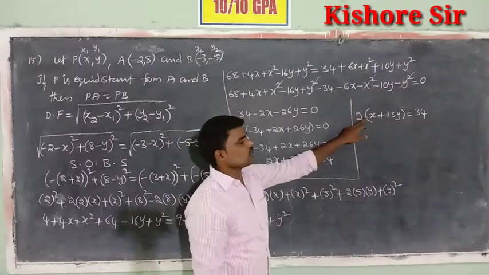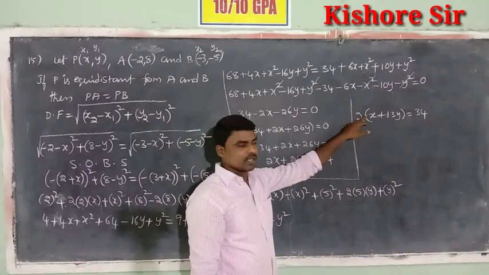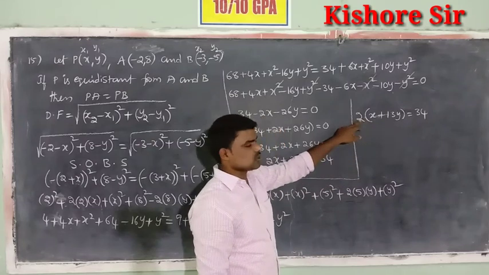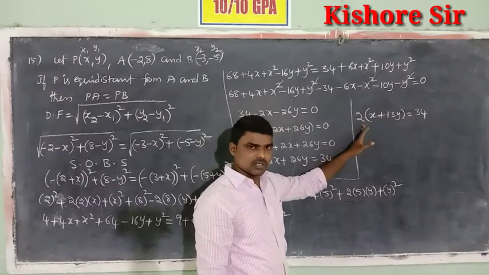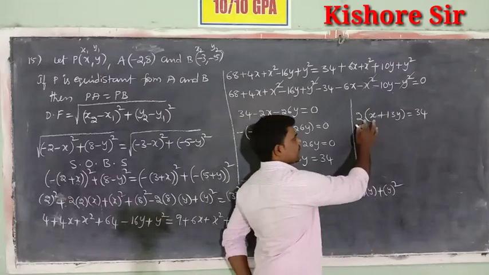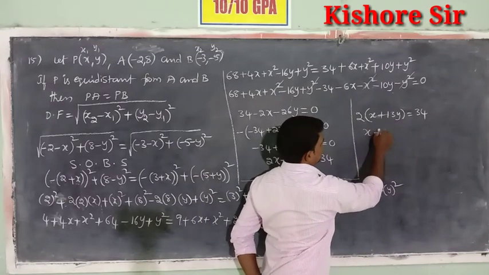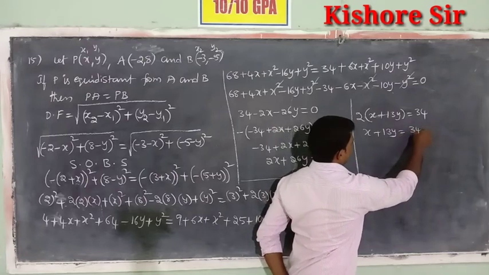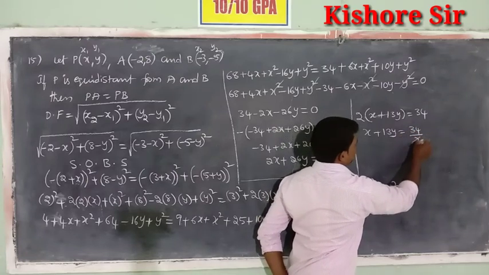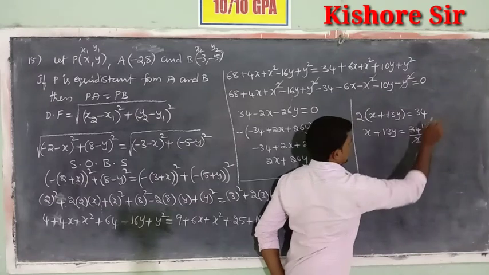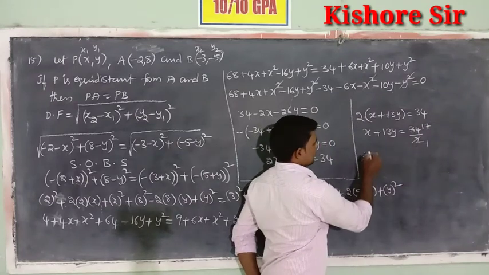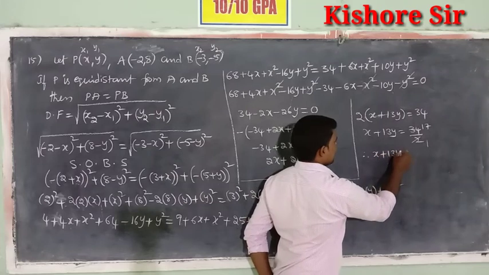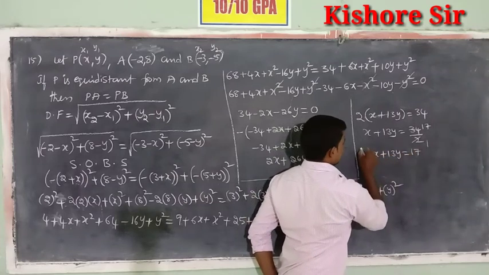Here 2 into quantity becomes division when we transpose this 2 from LHS to RHS. x plus 13y is equal to 34 by 2. 2 17s are 34. So therefore the final result is x plus 13y is equal to 17.